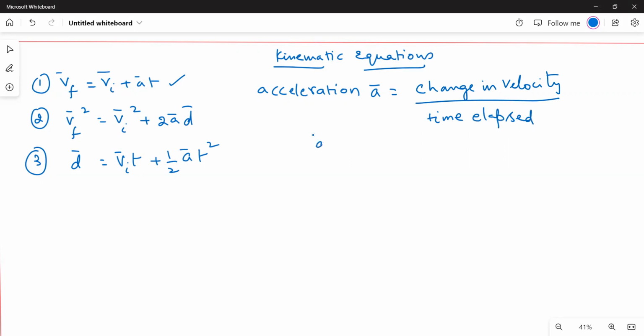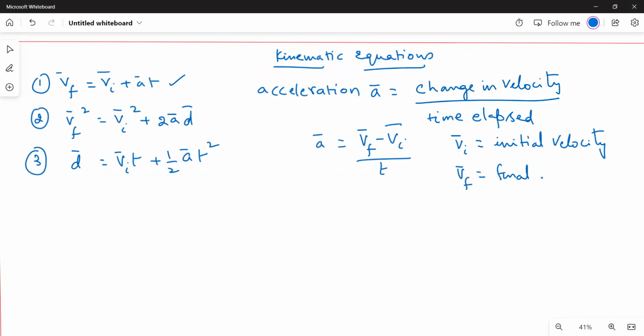Therefore, A bar is equal to Vf bar minus Vi bar over T. Here, Vi is the initial velocity, Vf is the final velocity.